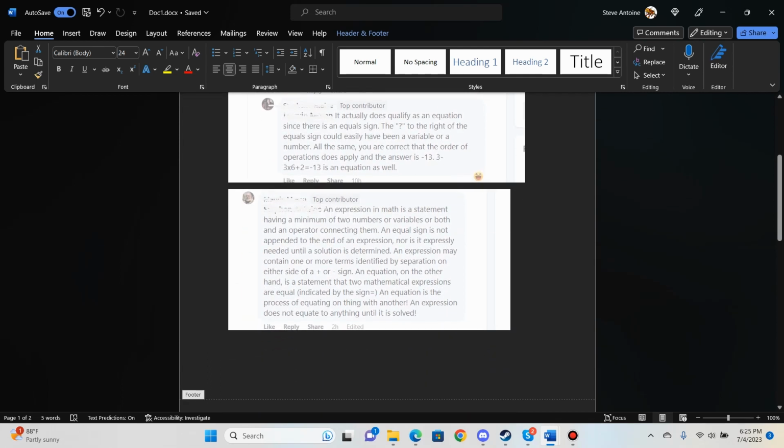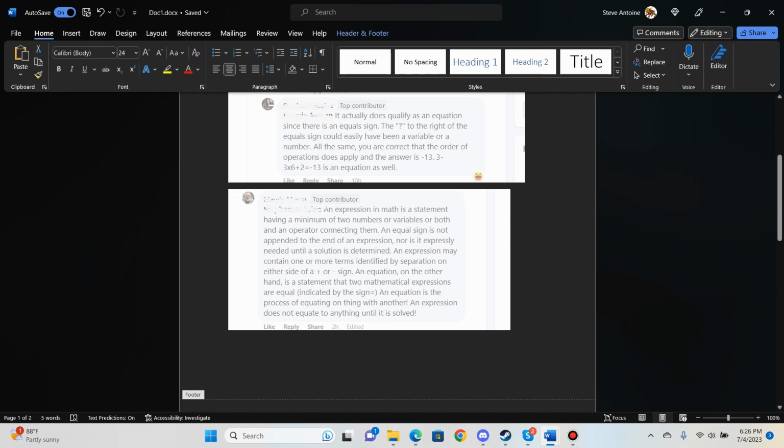And then the odd response I got back was: an expression in math is a statement having a minimum of two numbers, or variables, or both, and an operator connecting them, which is fine. Had this been written 3 minus 3 times 6 plus 2, and that was it, full stop, that's an expression. I would agree with that.